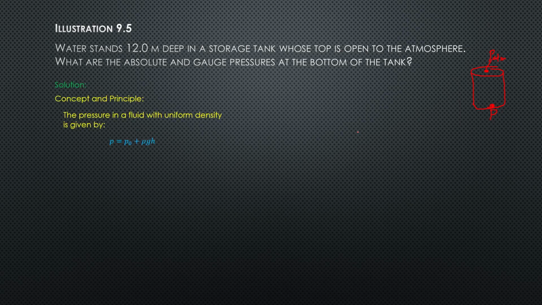Now, the pressure of a fluid with uniform density is given as absolute pressure is equivalent to atmospheric pressure plus gauge pressure. So the given depth is 12 meters and the density of water is 1000 kilograms per cubic meter. The absolute pressure at 12 meters depth is atmospheric pressure plus gauge pressure.